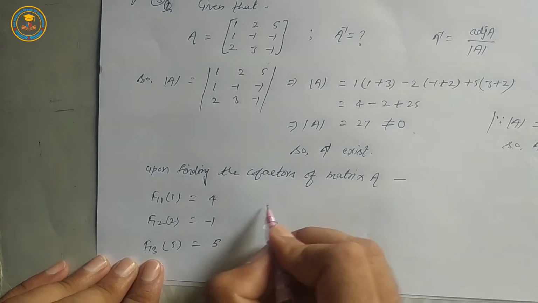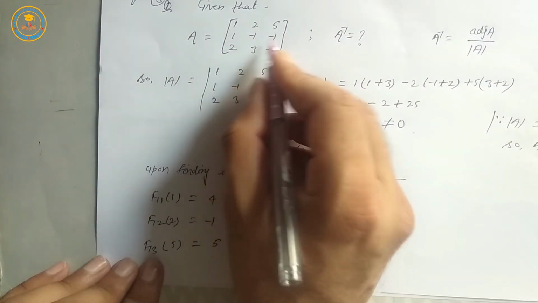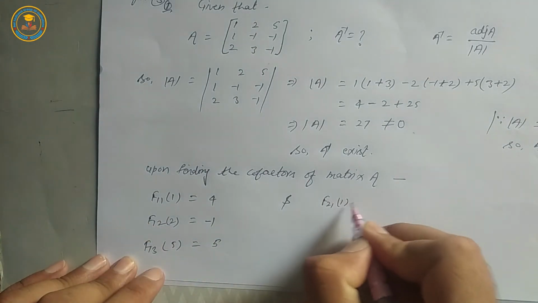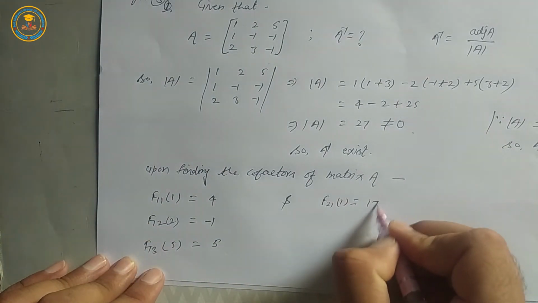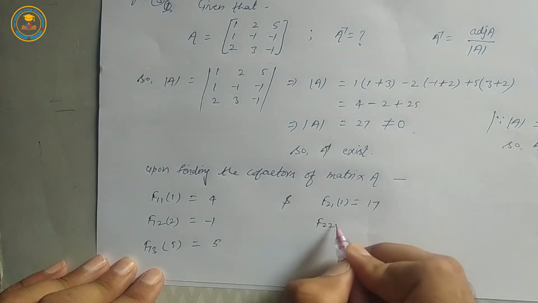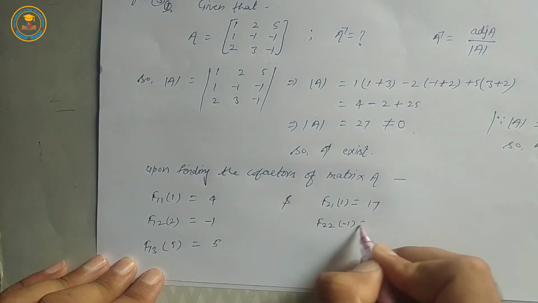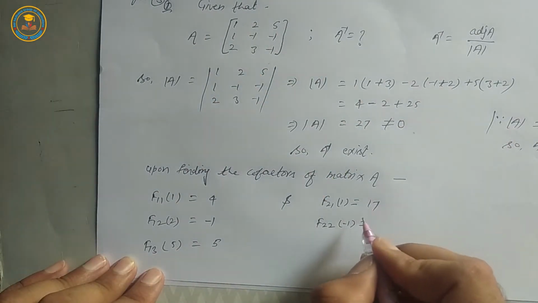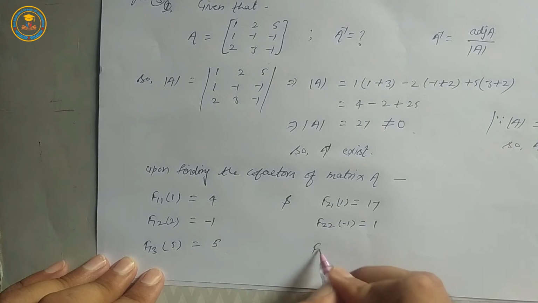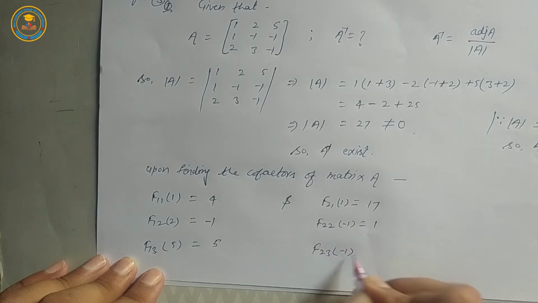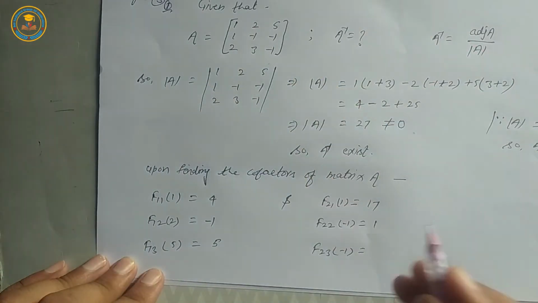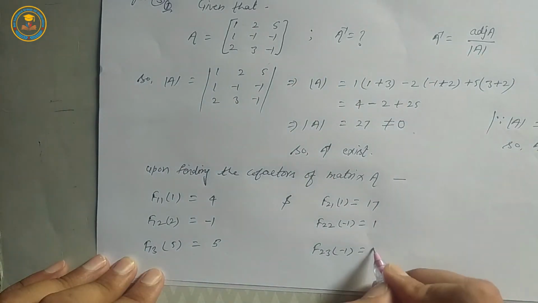Okay, similarly, F21 is equal to 17. F22 is equal to 1. F23 is equal to 1.